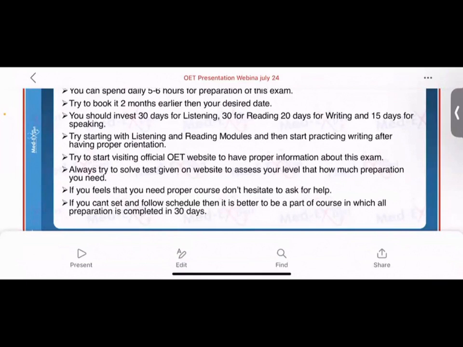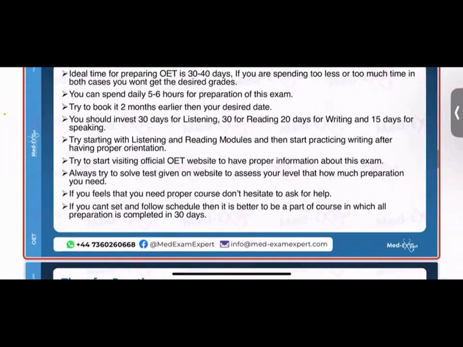The basic thing is to always try to solve the tests given on the website to assess your level and how much preparation you need, because on the official OET website a number of tests are given for listening, reading, writing and speaking as well. Whichever profession you are from, for all of the 12 professions, a number of tests are given.